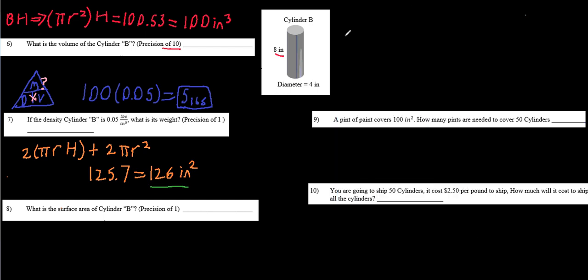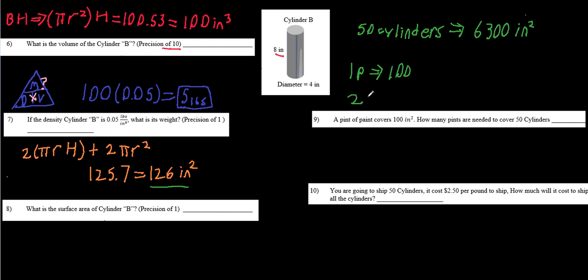That's a total surface area of 6,300. And 1 pint will cover 100, so 2 pints will cover 200.